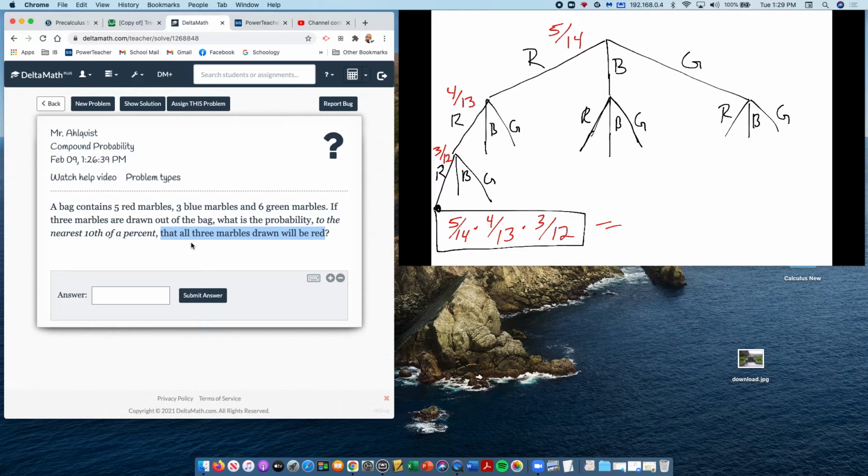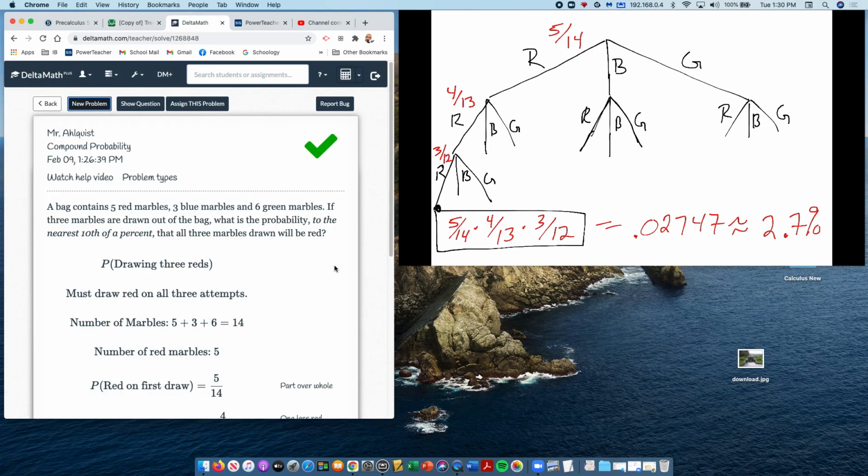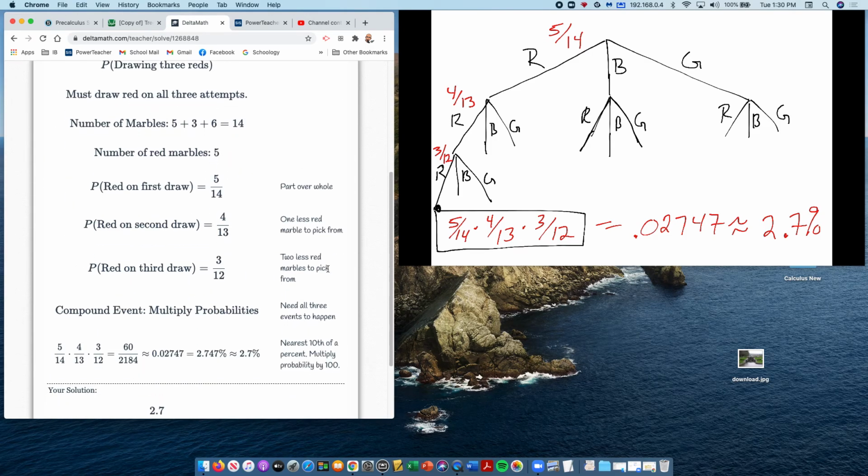If I calculate this using my calculator, 5 out of 14 times 4 out of 13 times 3 out of 12, I end up with 0.02747, which is approximately 2.7% to the nearest tenth of a percent. So if I write 2.7 on here, I think that's what they're going to expect me to write down, and that's it. They'll go through and show you the same calculations that I did.